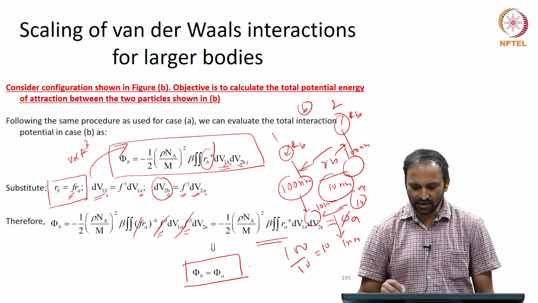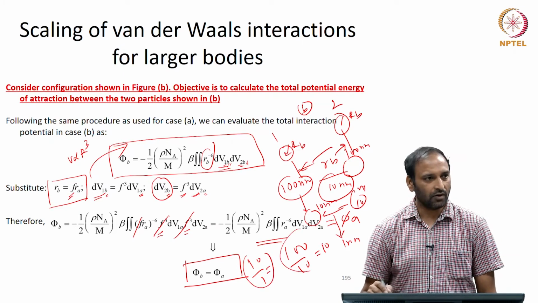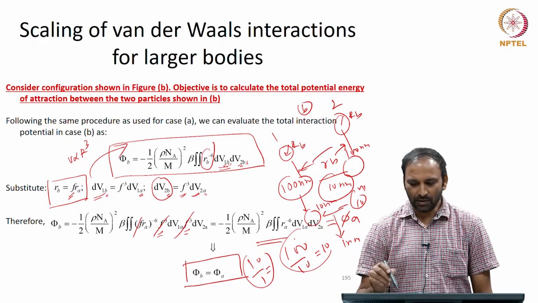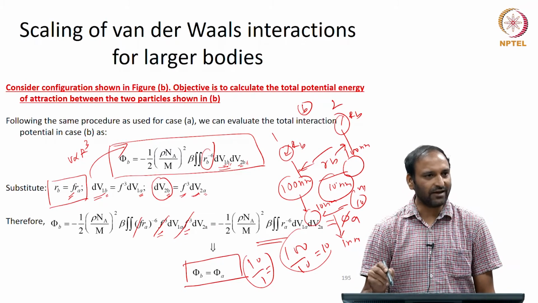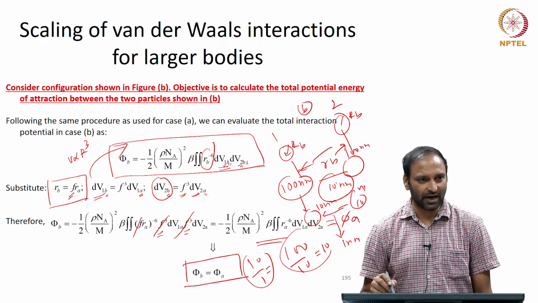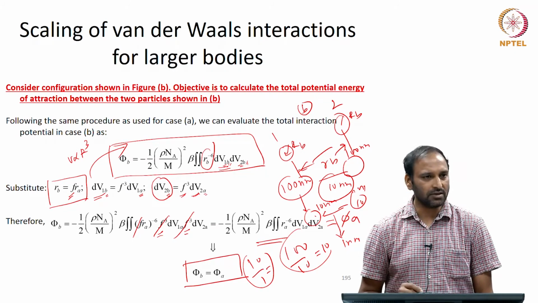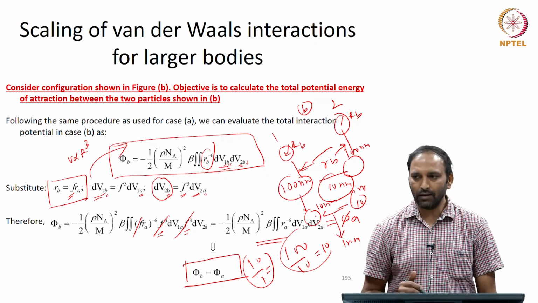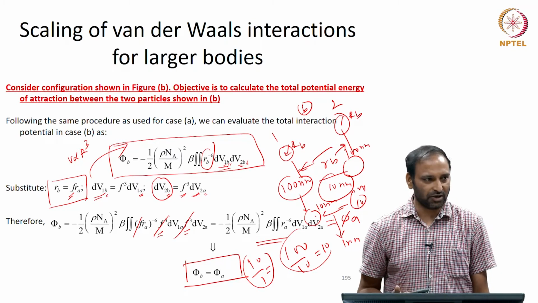Let us look at the scaling of the distance, 10 divided by 1, again a factor of 10. In cases like this, the 100 nanometer particles at a separation distance of 10 nanometer will experience the same Van der Waals force of attraction as the case where you have 10 nanometer particles separated by a distance of 1 nanometer. That is the implication of this result.